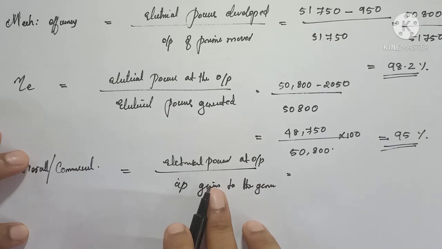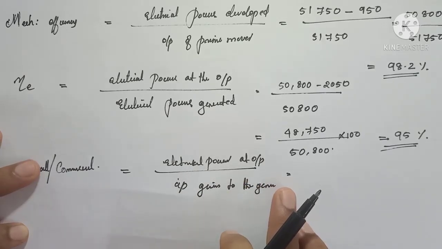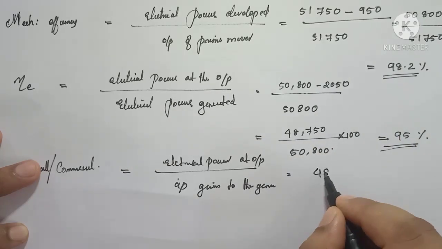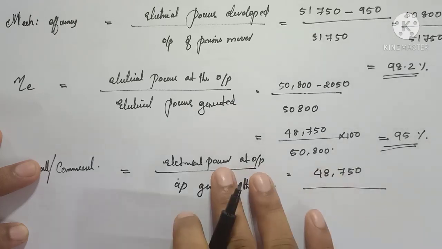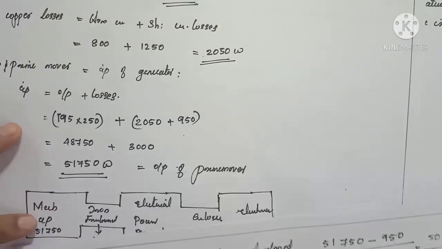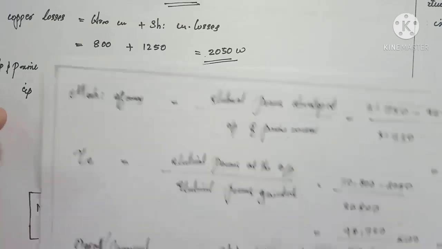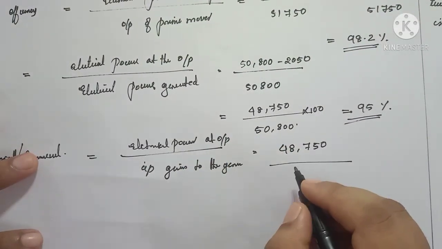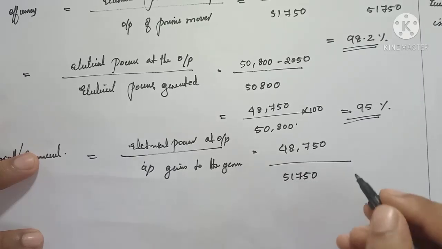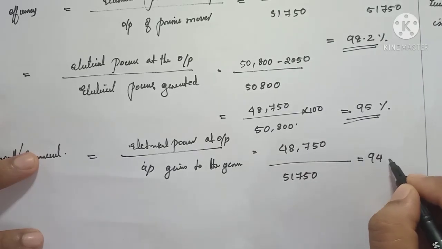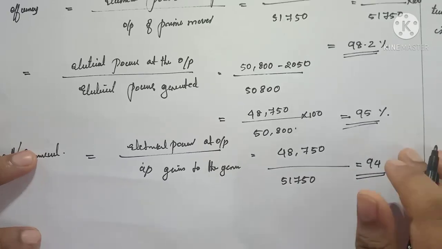Electrical power at the output is 48,750 divided by the input which is already given, 51,750. So we divide this by 51,750, and finally we will get 94 percent.